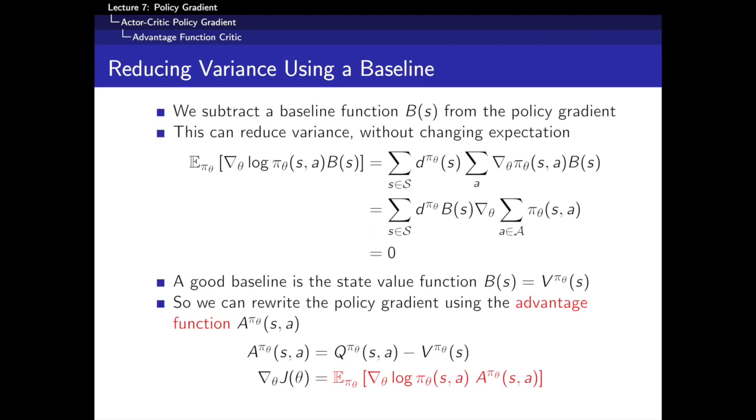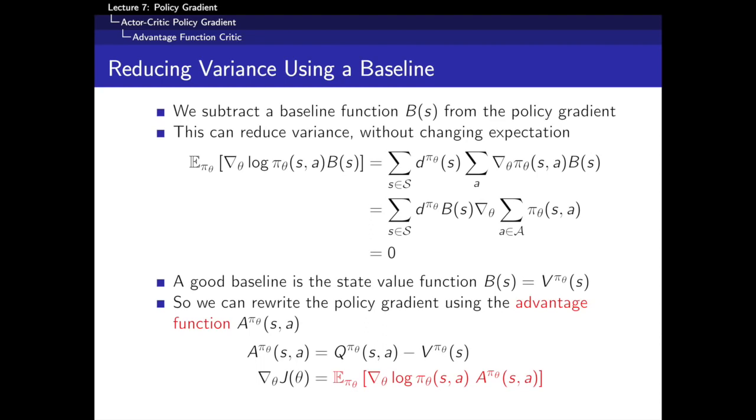But now what this result tells us is that we can add or subtract anything we want from this q, as long as that thing is just a function of state and not a function of action, so as to control the variance of this whole term. We want this expectation to be low variance, but we don't want to change the direction of ascent. And there's a particularly nice choice that we can pick for this, which is going to have some nice consequences for us.